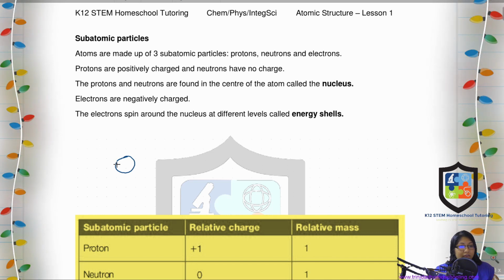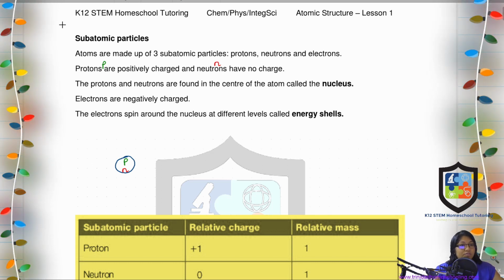So, I've drawn here my nucleus, and in here, I'm going to put my P for protons, and I'm going to put a N for neutrons. Alright, so I have my protons and my neutrons. And this is at the center of that atom.